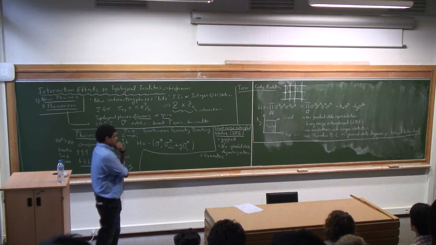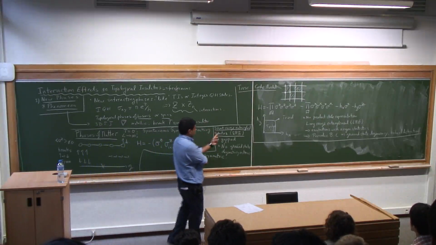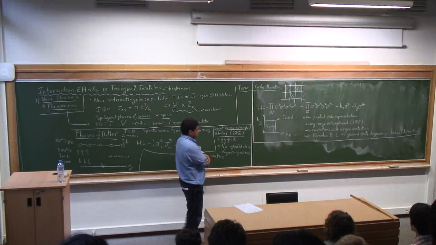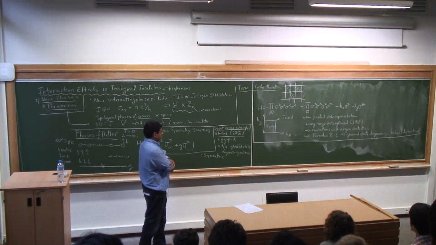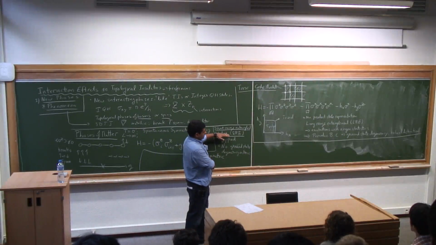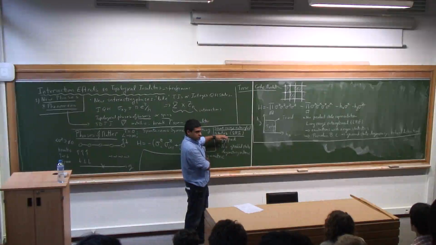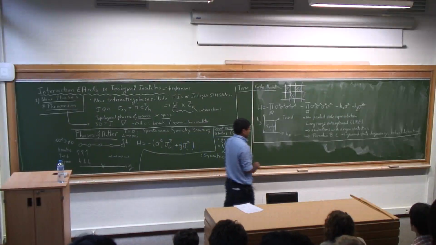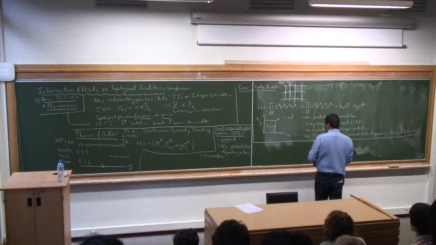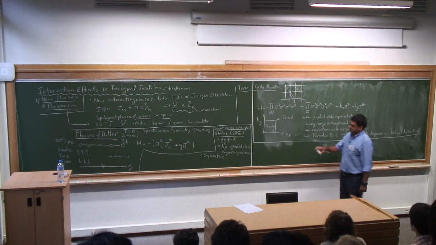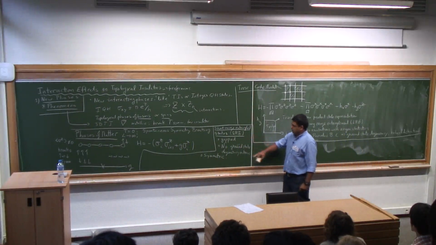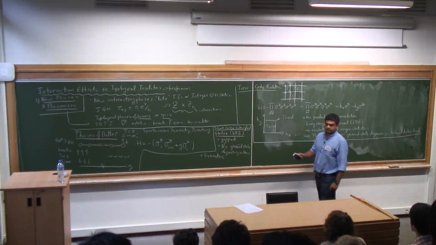Just to give you some flavor of how it helps to have a definition like this, it turns out that as soon as you make a definition of such states, even before you write down any model, you can derive some logical conclusions, things that follow just from the idea that you have states which have short-range entanglement, but nevertheless there's some distinction between them.